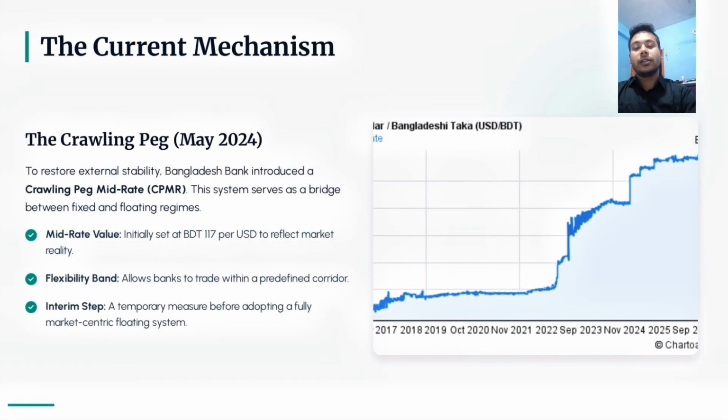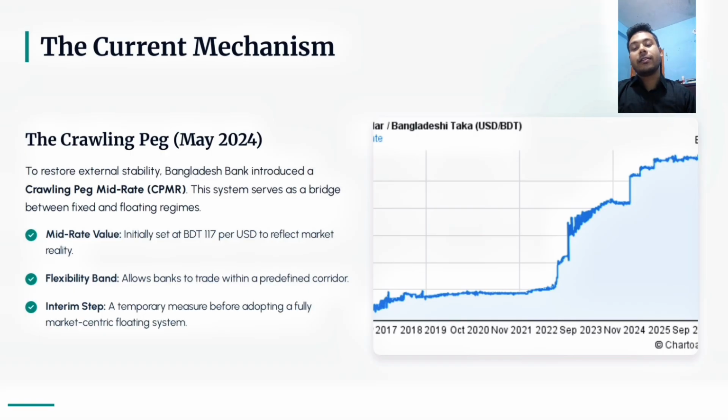Next, the current mechanism. The current mechanism in Bangladesh, which is the crawling peg system, was applied from May 2024. To restore external stability, Bangladesh Bank introduced a crawling peg mid-rate, in short CPMR. This system serves as a bridge between fixed and floating regimes.